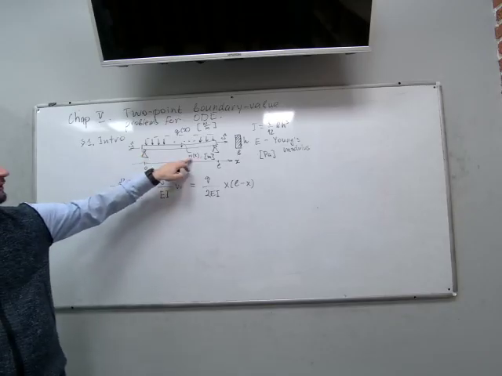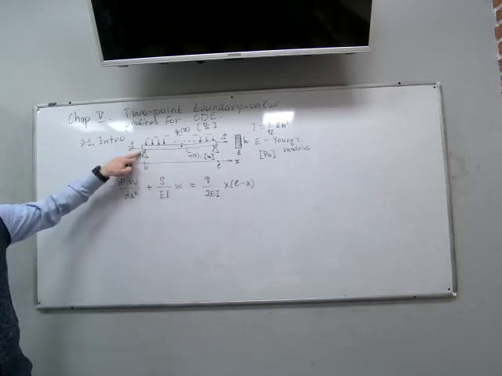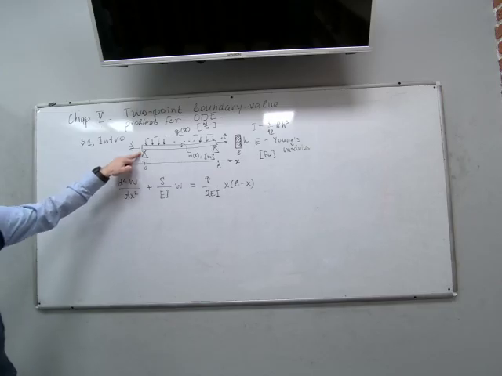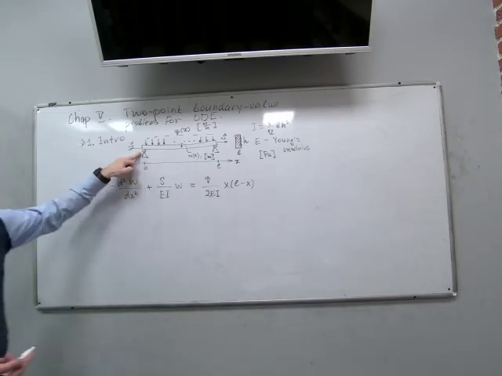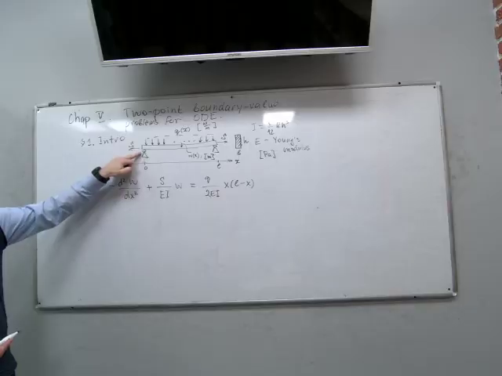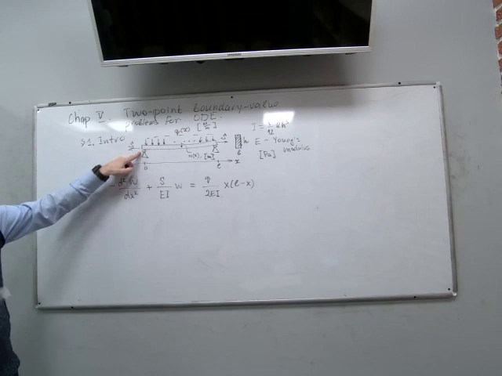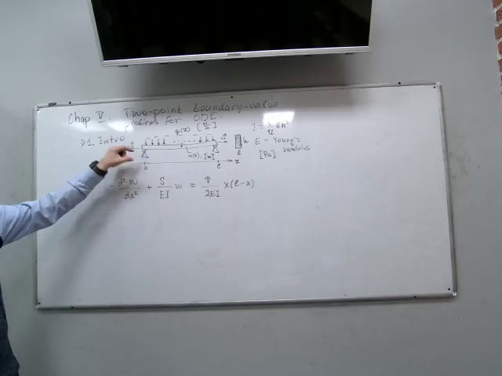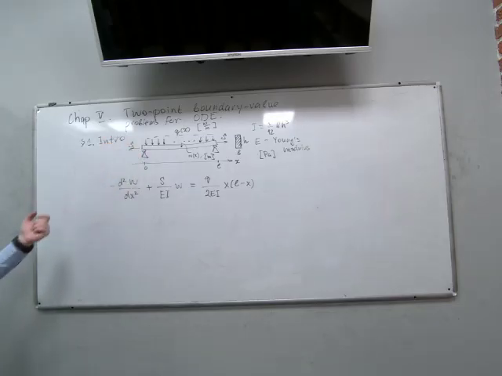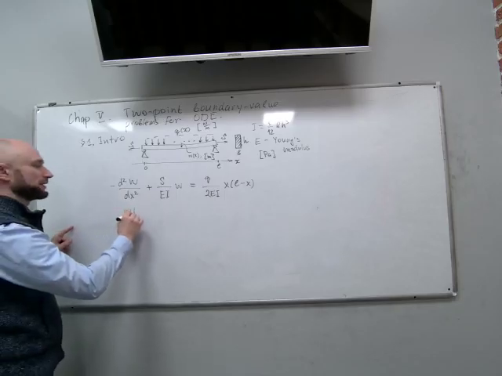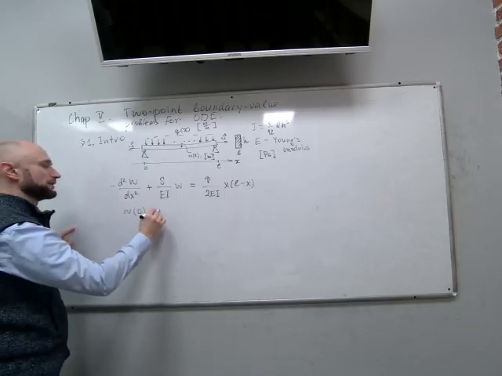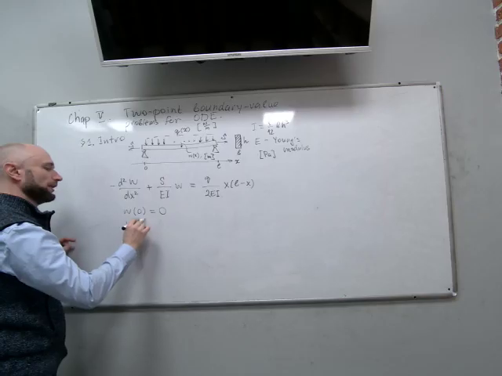W. Yes, W. Can you say what this is equal to? If we start from this point, it will be 0 or not? It is always 0, because this is a support with free rotation but no movement. It's a fixed support. Okay. So we can say that W of 0 is 0 and W of L is also 0.